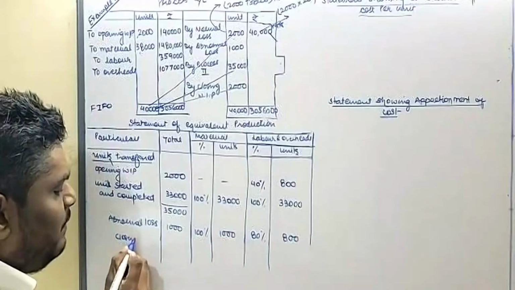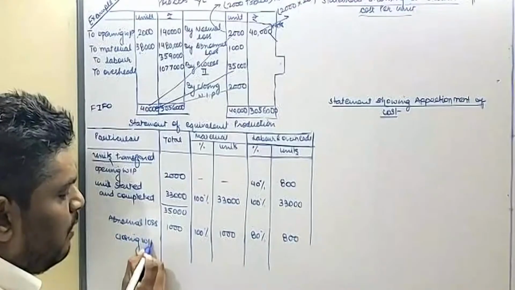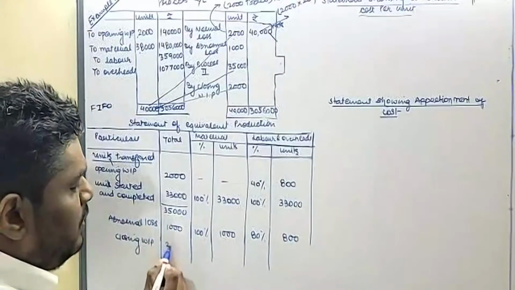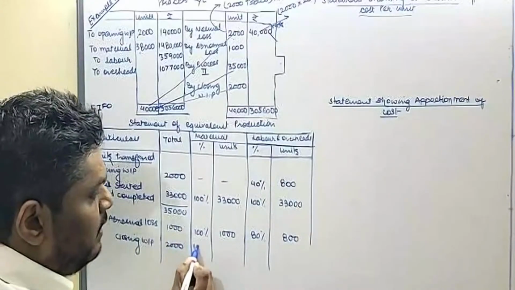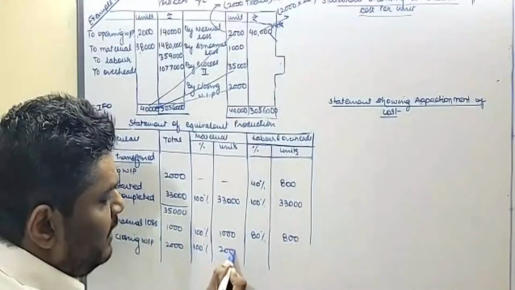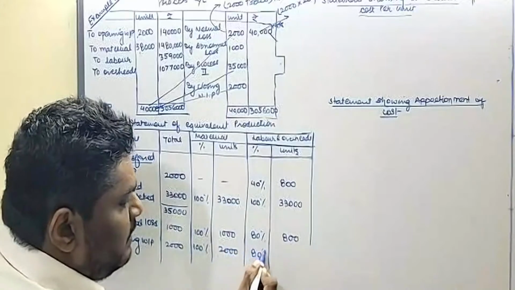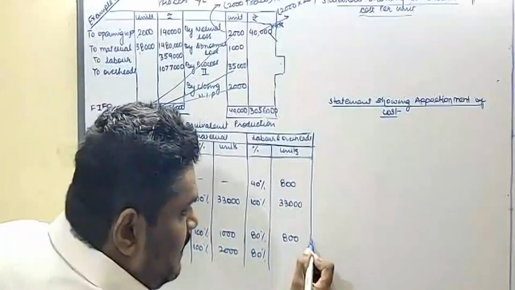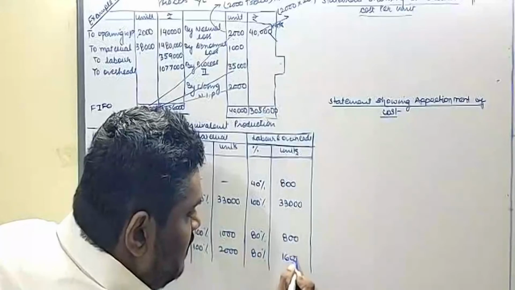For closing work in progress, the units are 2,000. They are 100% completed in respect of material and 80% completed in respect of labor and overheads. So this will be 1,600.